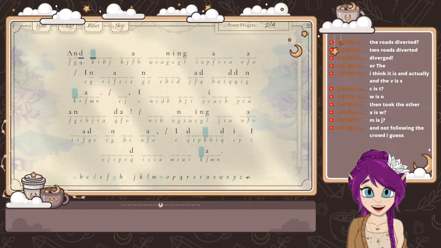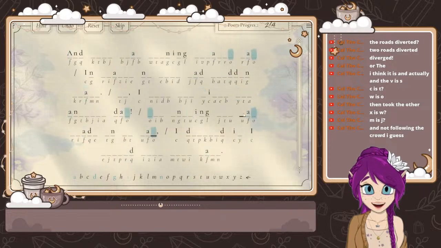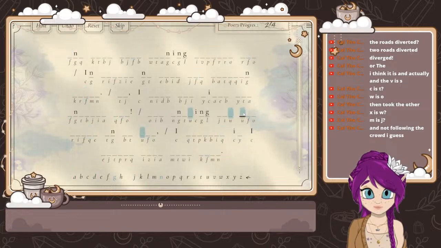I guess we could start with an and. Oh, this one. Okay, let's see. This one and this one. 2 of the same words, but it's not going to be and.